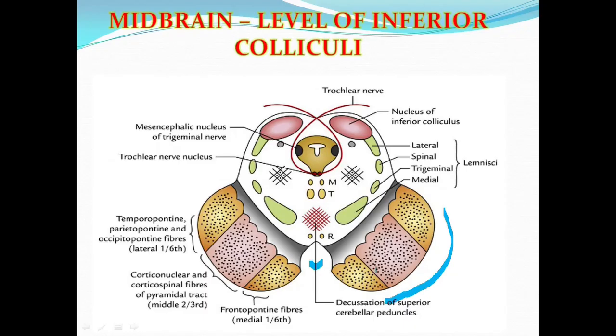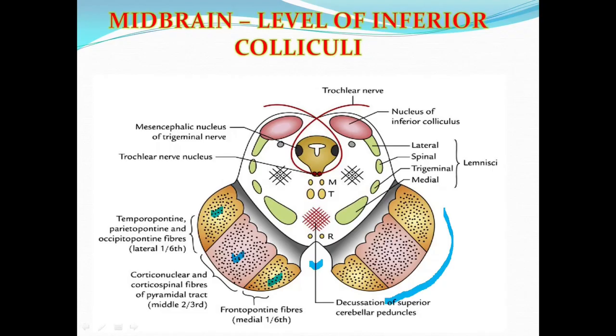It is purely a highway, a motor pathway from the cerebral cortex to the spinal cord. All the motor descending tracts descend through it: the medial portion has frontopontine fibers, the lateral one third has temporoparietal and occipitopontine fibers, and the middle portion is taken over by the corticospinal and corticonuclear descending pyramidal tract fibers.